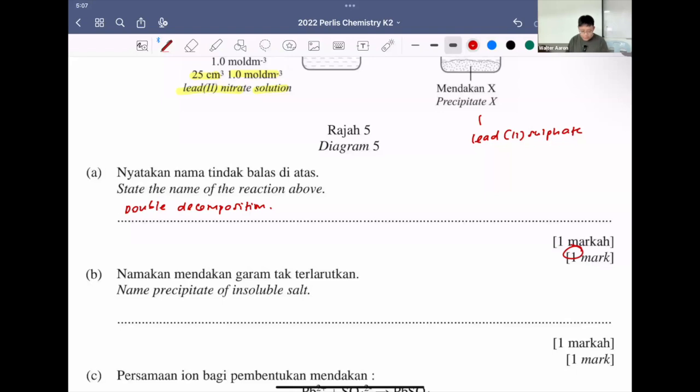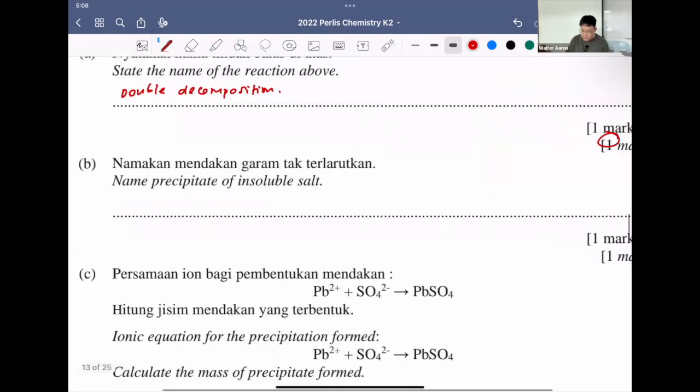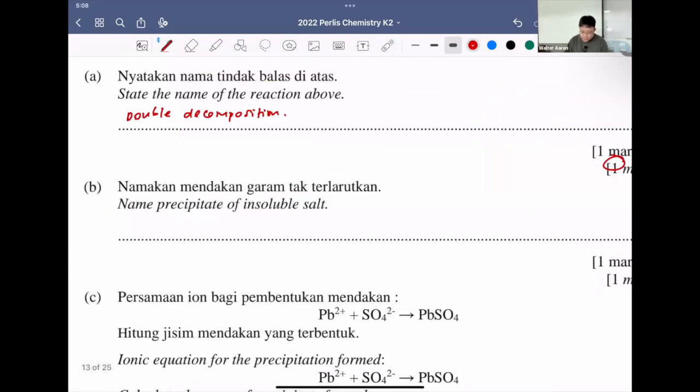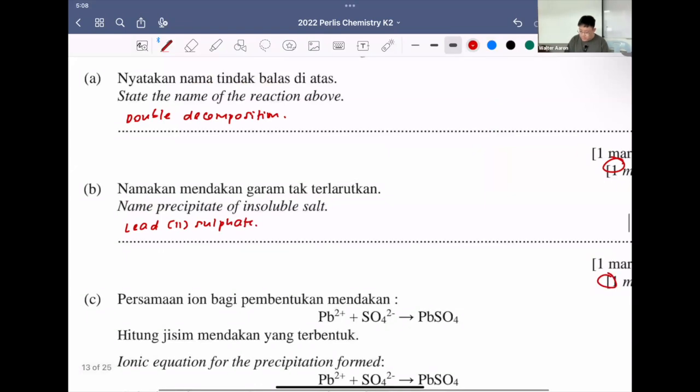That will technically give you 1 mark. And then let's go to B. B over here, name the precipitate formed. I already explained to you earlier that the precipitate is known as lead-2 sulfate. That will give you technically 1 mark as well.